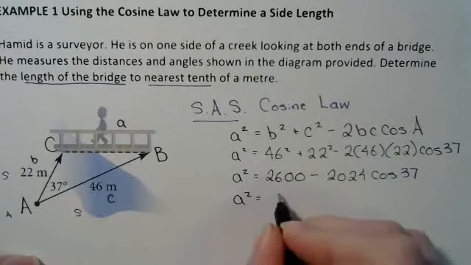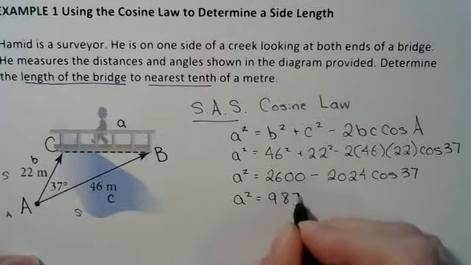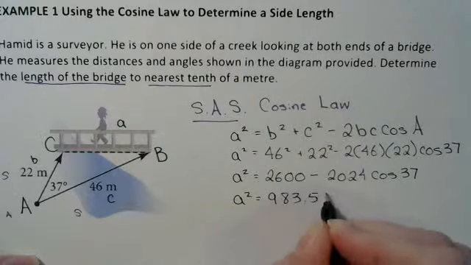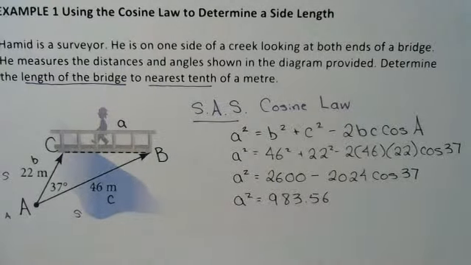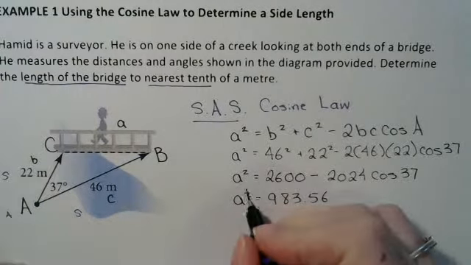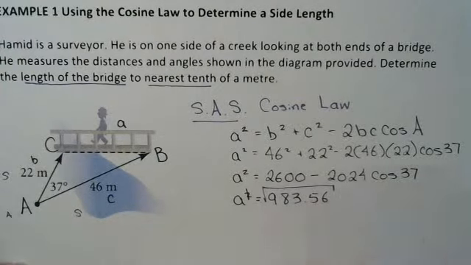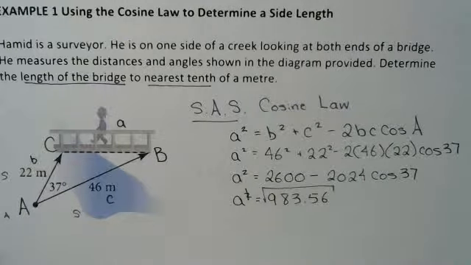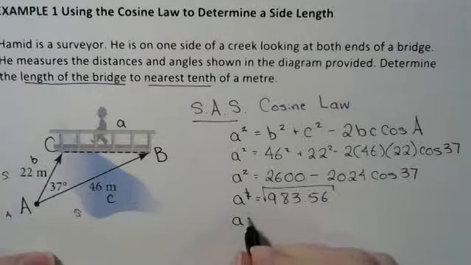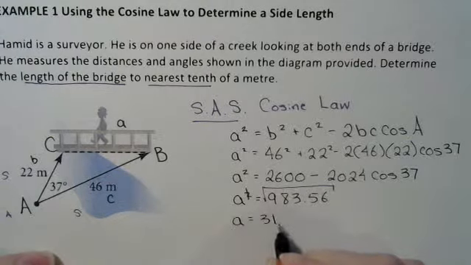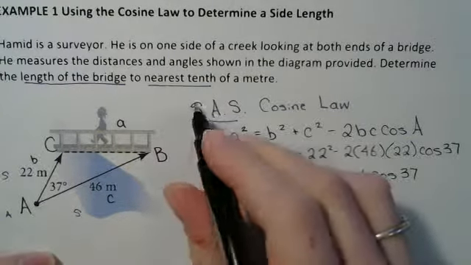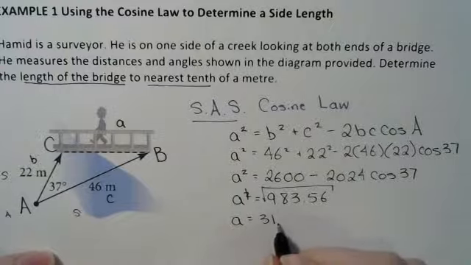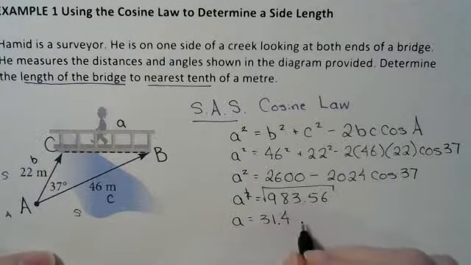So a squared equals 983.56. And remember, to get rid of the squared, we take the square root of this side. So the square root of 983.56 is 31.4. And remember, we're doing to the nearest tenth of a meter. So we need 1 decimal place.